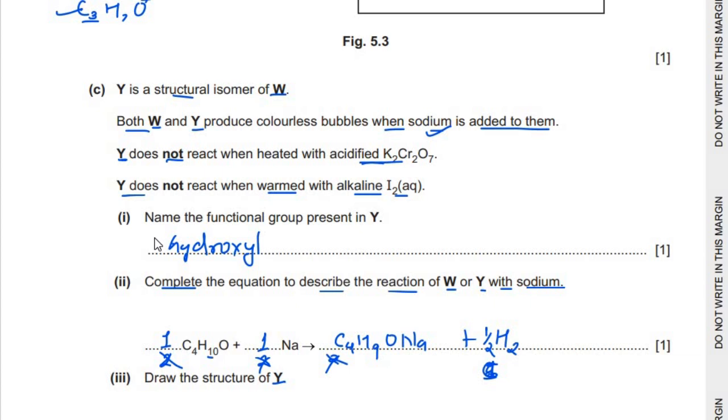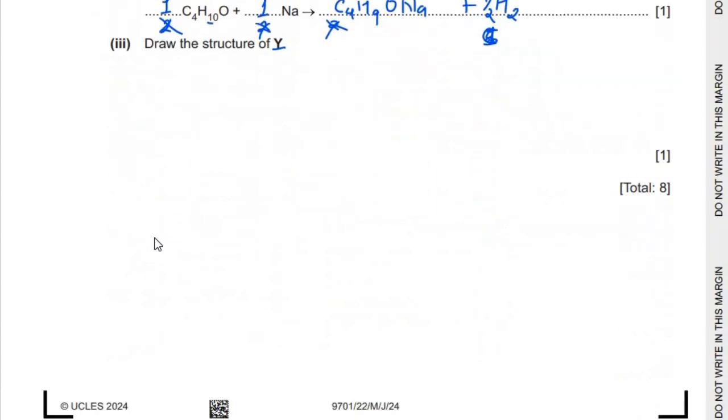So Y must be a tertiary alcohol. Now, it does not react with warmed alkaline iodine. Alkaline iodine reacts with a compound which has a secondary alcohol at this position. If this is not possible, fine, then it should be a tertiary alcohol only.